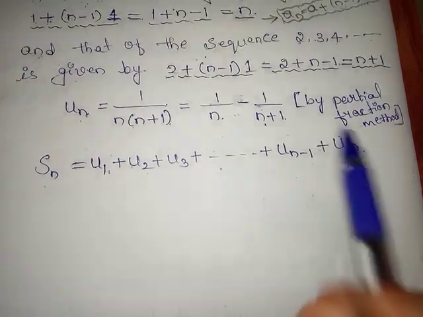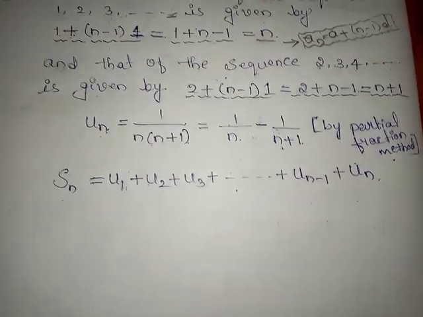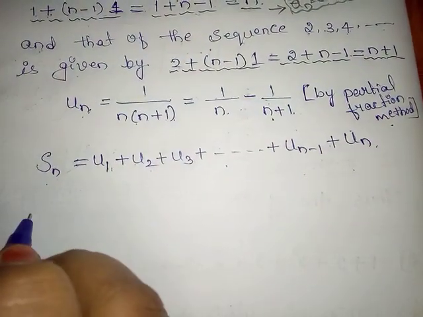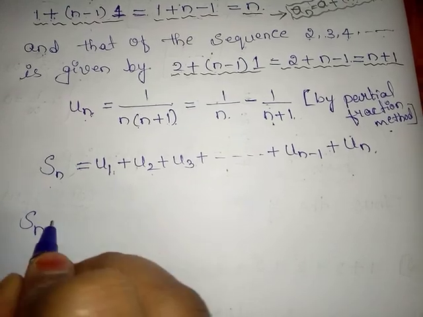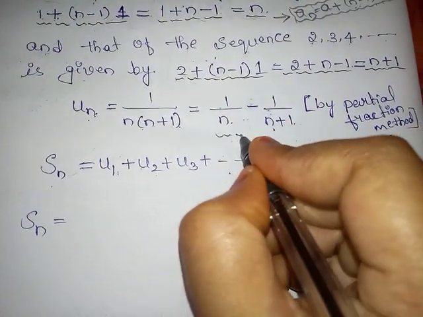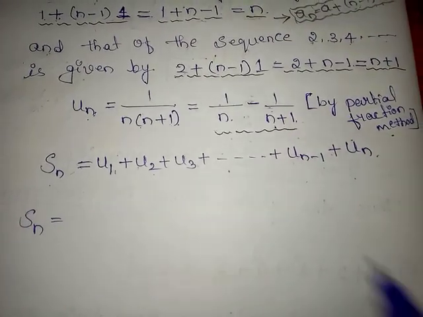You all know what is the partial fraction method and how to get this term, so I have written it directly here. Now I will write the Sn using this term after getting the partial fraction.